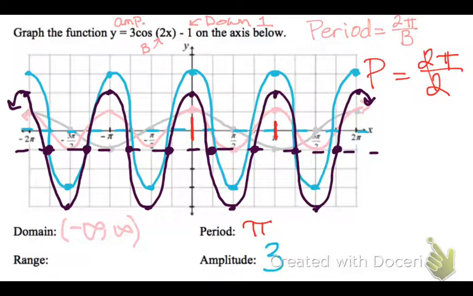Now that we've gotten my graph finalized, looking at the purple, we want to identify my range. I know this is very messy, and for some of my friends it's kind of hard to focus.